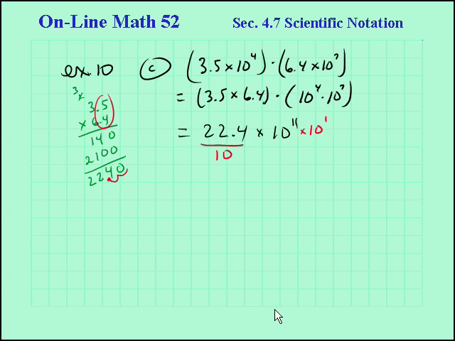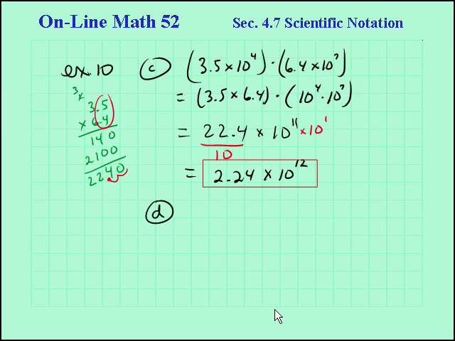Okay, let's see. 2.24 times 10 to the 11 plus 1, 12. Now I can put the box around it and say done. Okay? That's letter C.